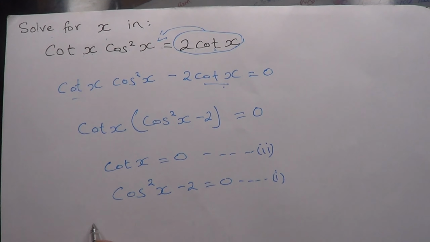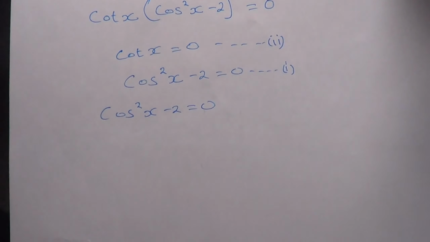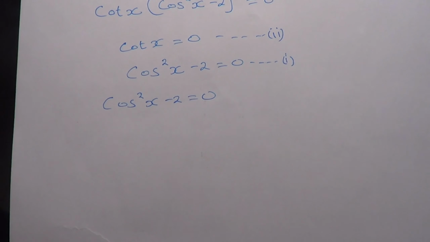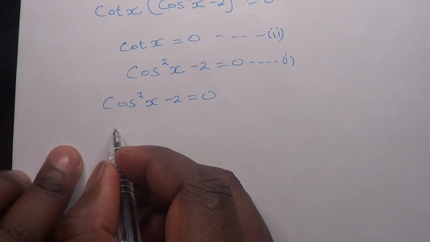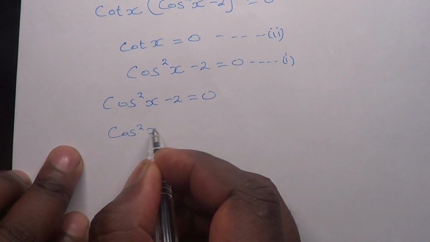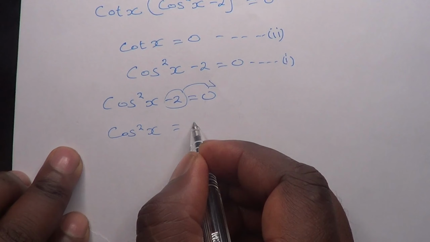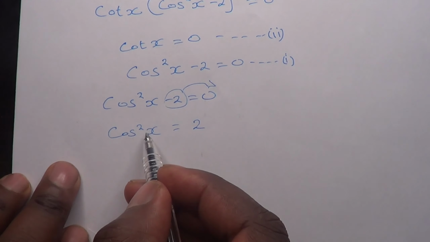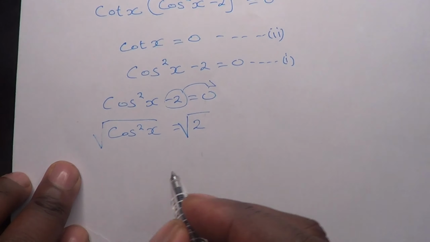Now cos squared x minus 2 equals 0. So at this point it will be cos squared x, I take this one to the other side, equals 2. I need to find the square root of both sides.